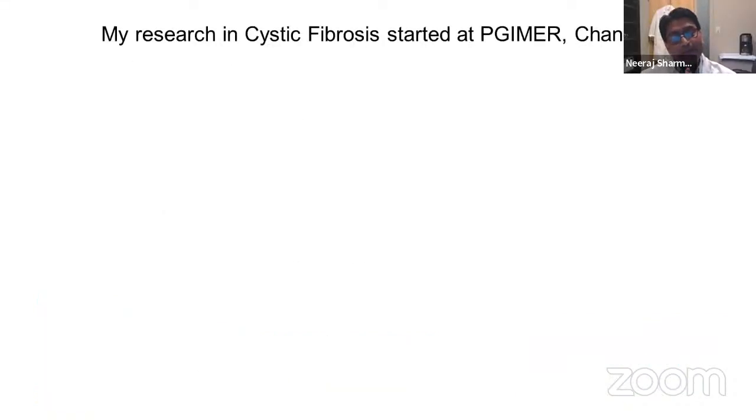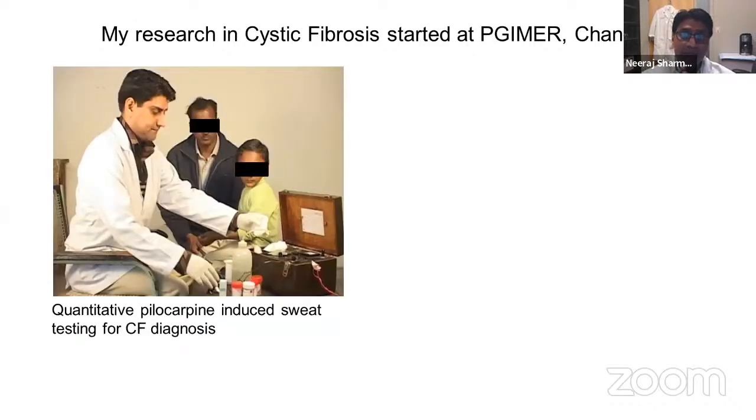So I'm going to start from where my research in this field of cystic fibrosis started. And that is at PGIMER Chandigarh, where I did my PhD in the Department of Biochemistry, where I was using one of the methods for the diagnosis of CF, and that is sweat testing.